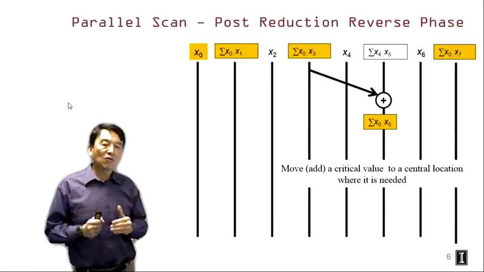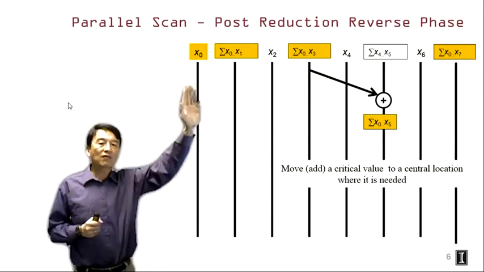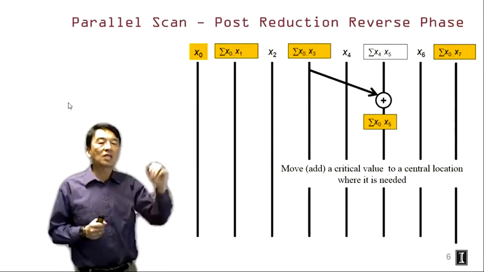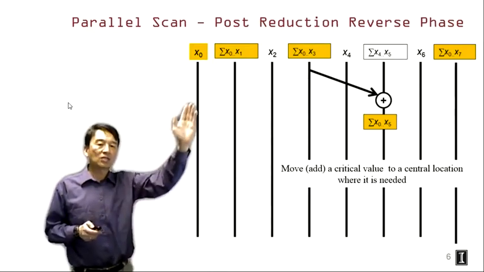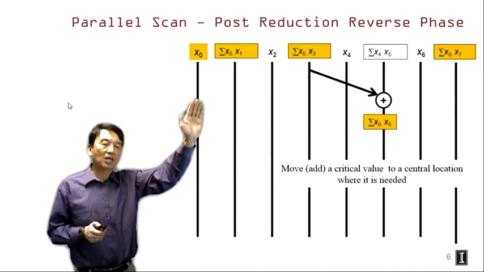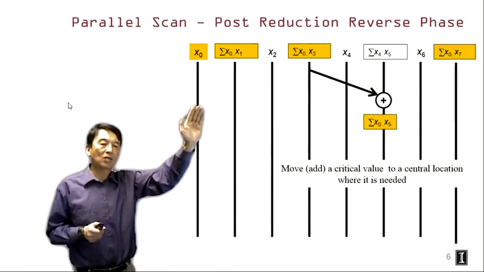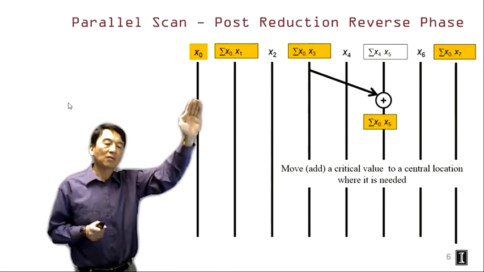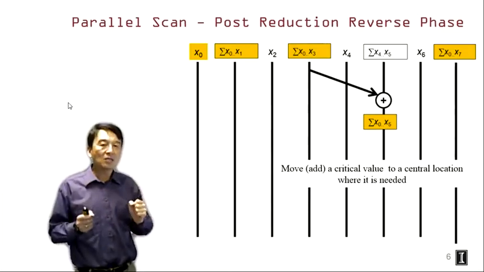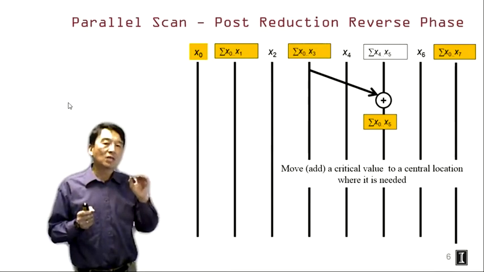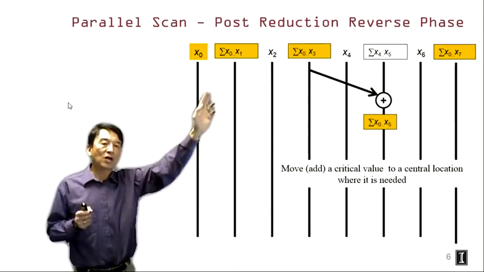Now we can move on to the post-reduction reverse phase. After we have all these partial results in these element positions, we will start to sweep back from root back to the leaves. And the point of the computation is to, as quickly as possible, assemble the final result from these partial sums.